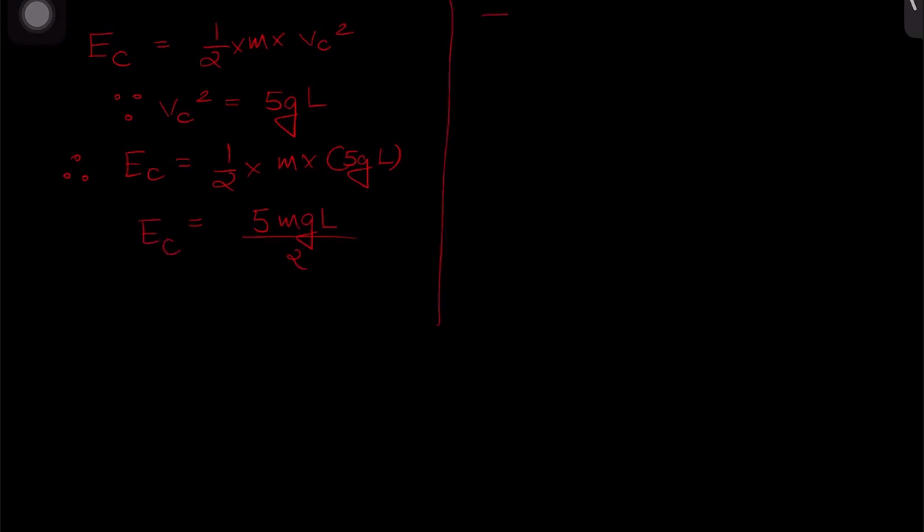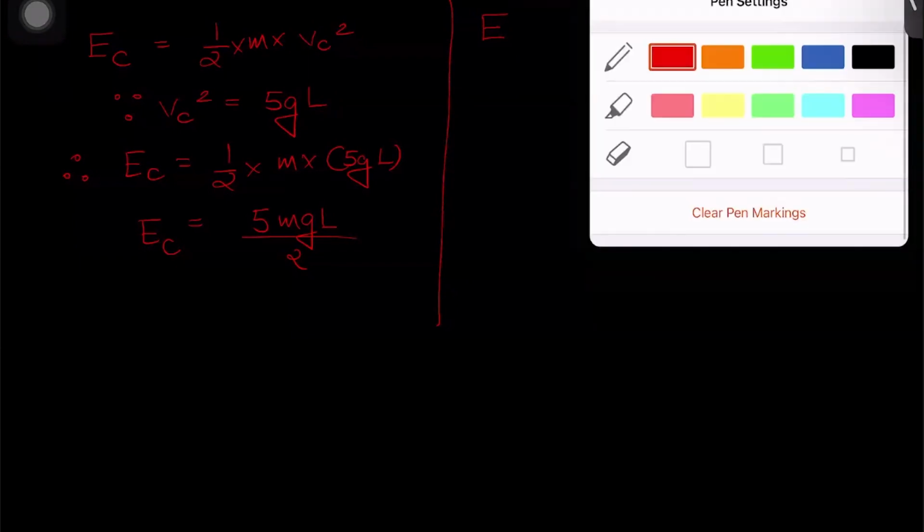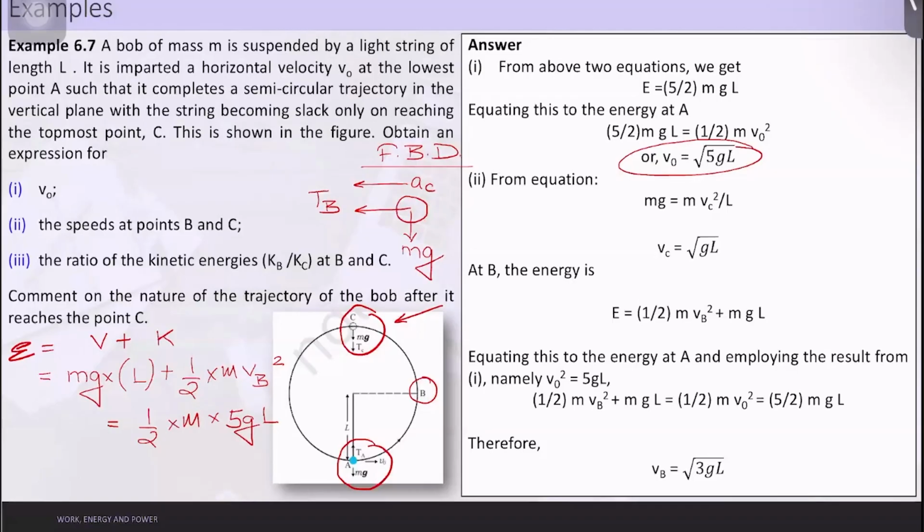Similarly, I can also write the value of vC. It will not be 5gL; I made a small mistake. The value of vC should be equal to root gL only. Sorry for the mistake, I will write it again.